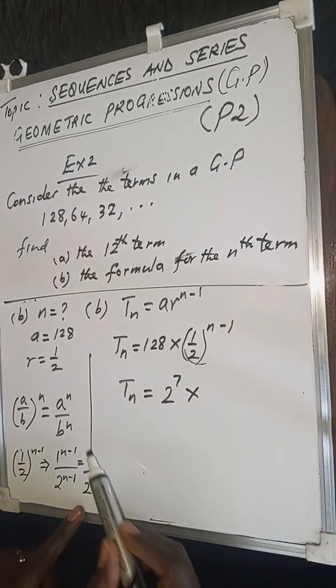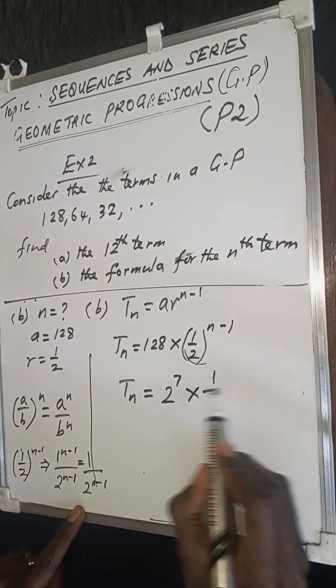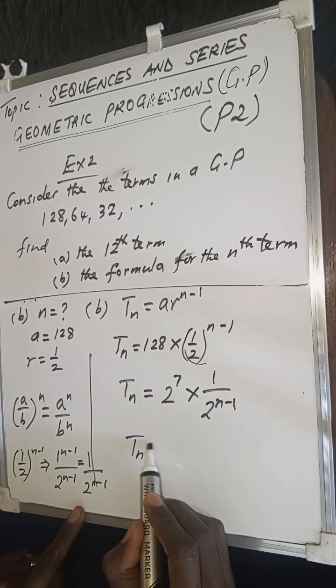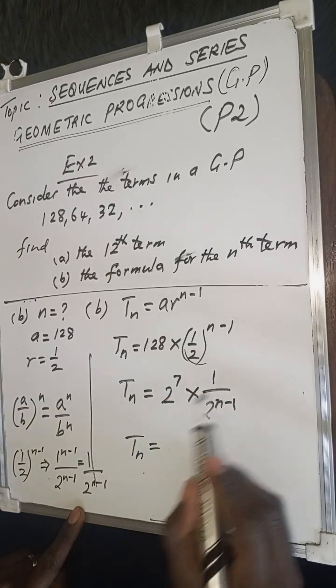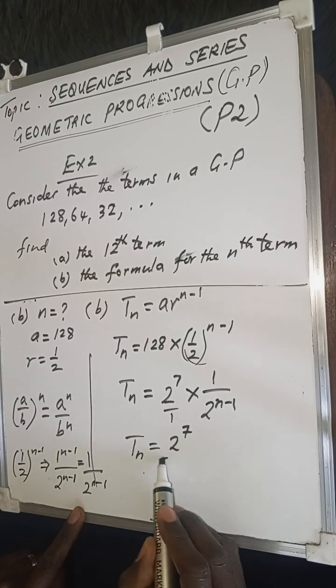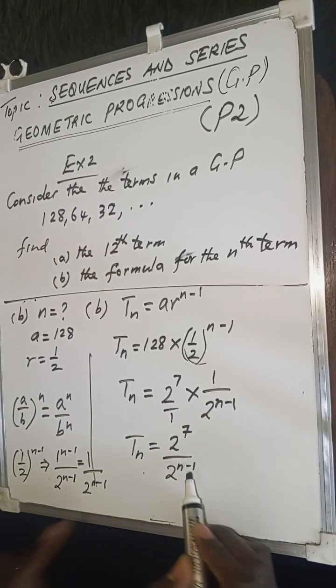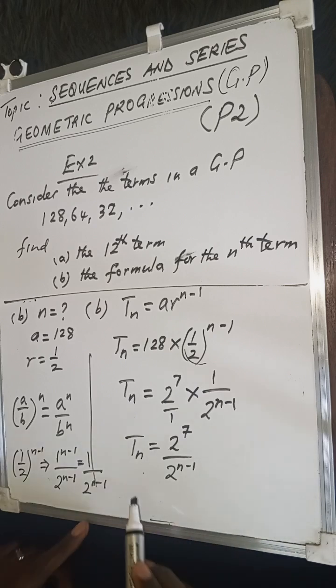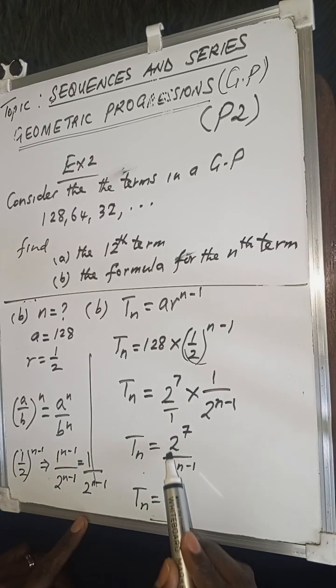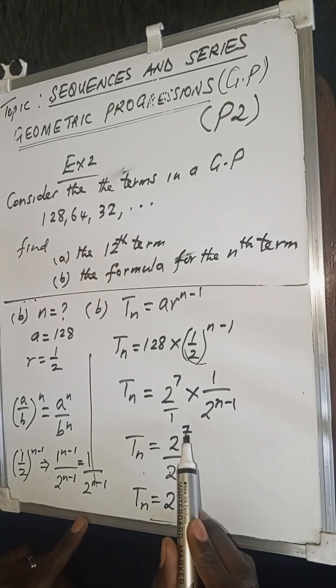Multiply that, remember, I can substitute it with that. It will be 1 over 2 to the n minus 1. I just want to reduce this term. So this times that, it's over 1. This times that will give you 2 raised to the power 7 over 2 to the n minus 1. According to the laws of indices, when you are dividing with the same bases, what do you do to the powers? You subtract.